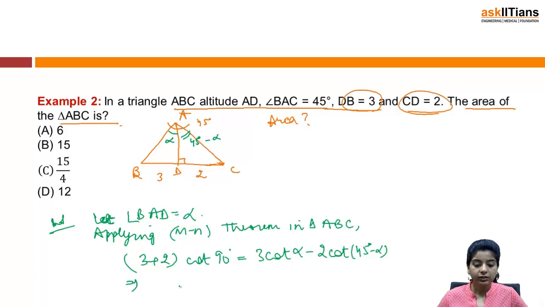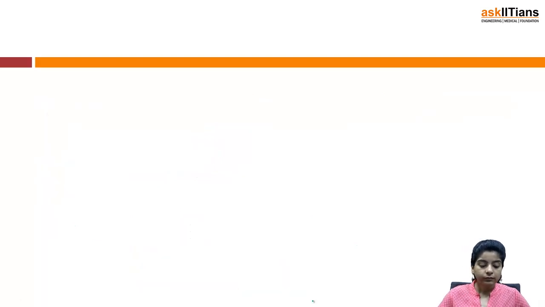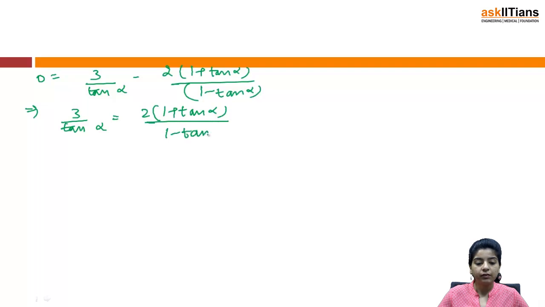So that means 0 is equal to 3 by tan alpha minus 2 times (1 plus tan alpha) by (1 minus tan alpha). So 3 by tan alpha is equal to 2 into (1 plus tan alpha) by (1 minus tan alpha).